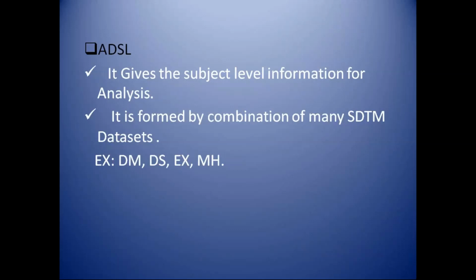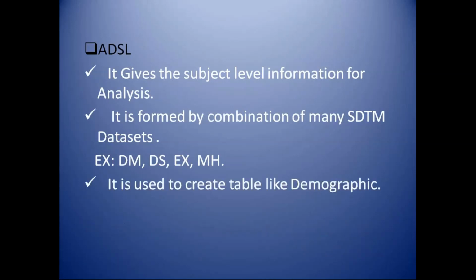By concatenating these datasets, we create the ADSL dataset. Why do we require ADSL? We require it to create tables and listings, like demographic tables and demographic listings. Demographic captures only subject level information, so I will be creating the demographic tables from it.